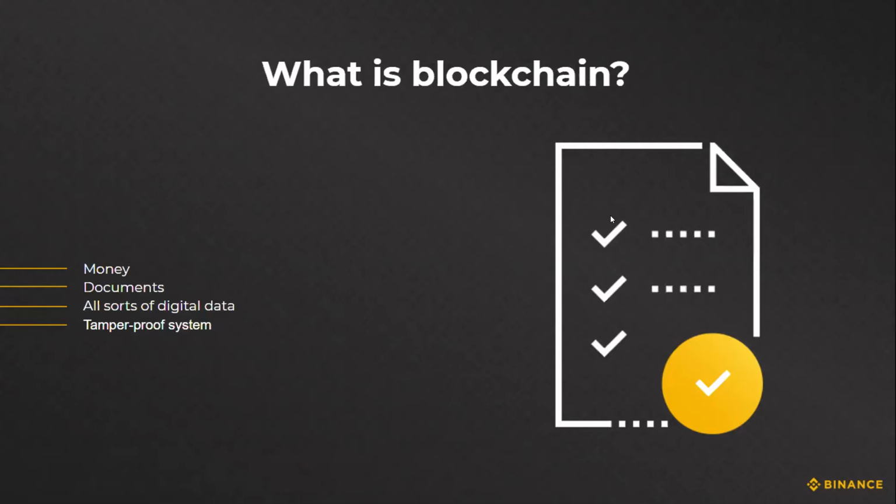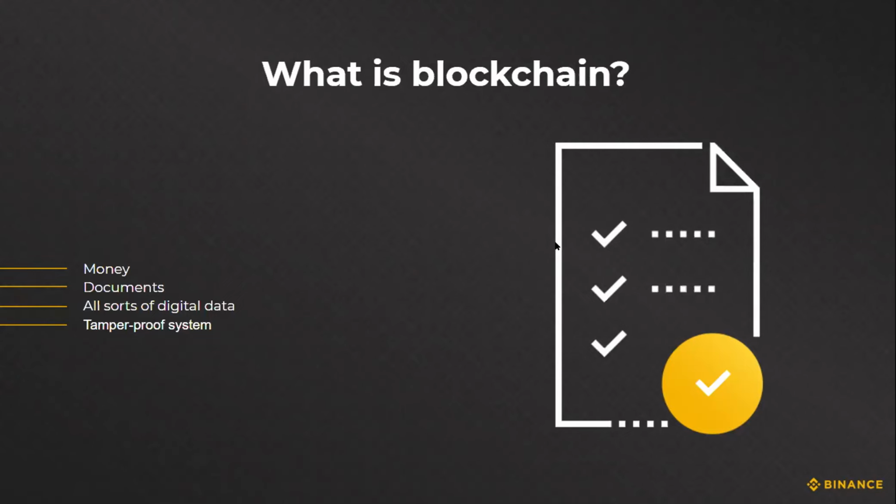All right, so blockchain, so what is blockchain? Money, documents, all sorts of digital data. Anything can be stored on a blockchain network. Anything. If you're in Nigeria, I'm pretty sure you've heard of how we said we can actually implement our voting system into blockchain. That's because blockchain is not just for cryptocurrencies.